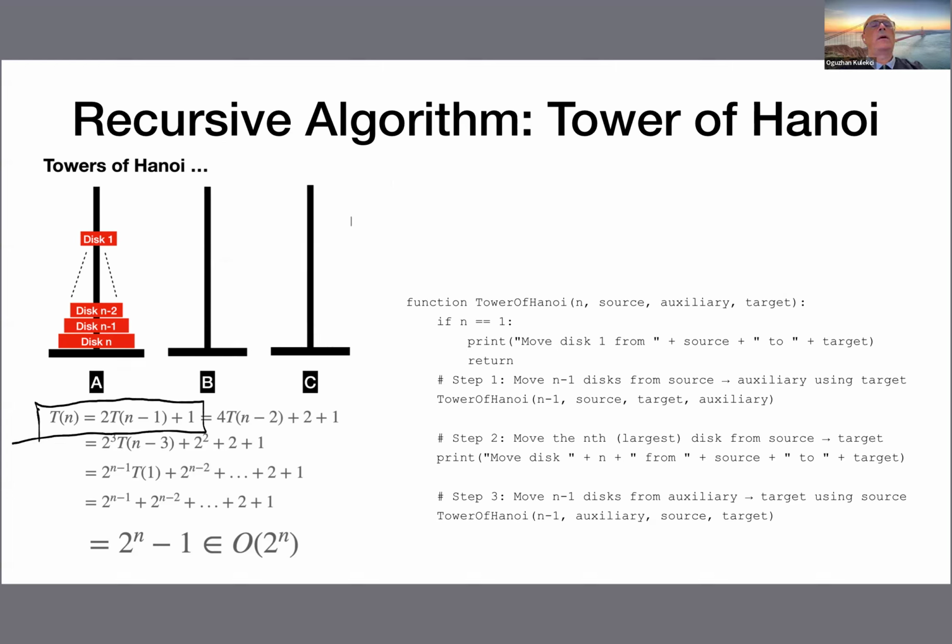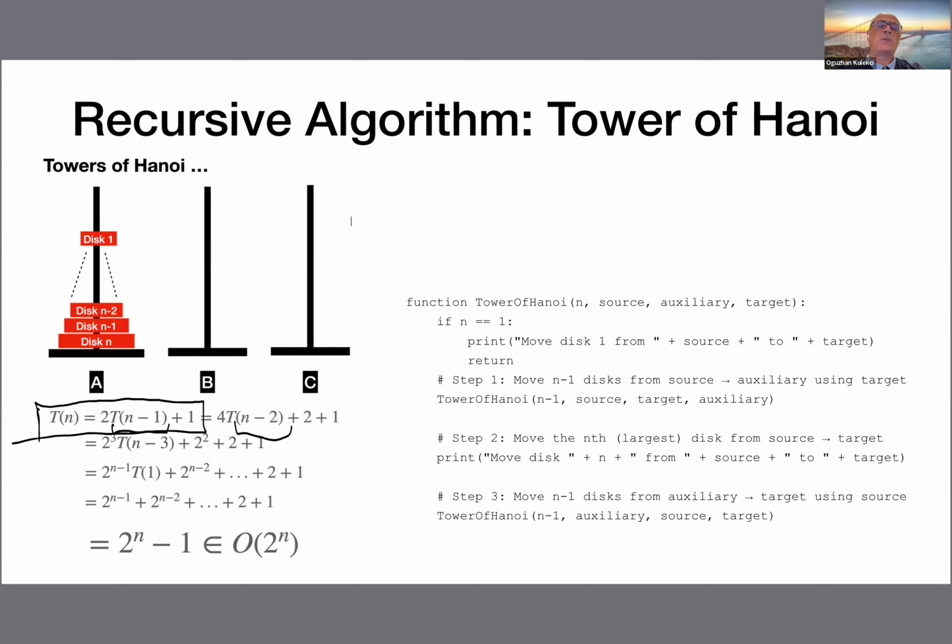Once you see this representation, what you can do is to find its closed formula. What I will do is replace Tn minus 1 with Tn minus 2, and then this will go to Tn minus 3.